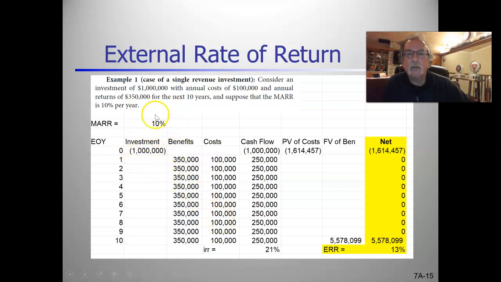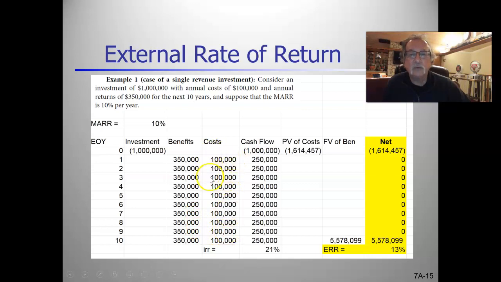So if our minimum rate of return was 10%, the internal rate of return is 21%. That says this is a good project. The external rate of return is 13%. That's greater than 10%. It's still a good project.